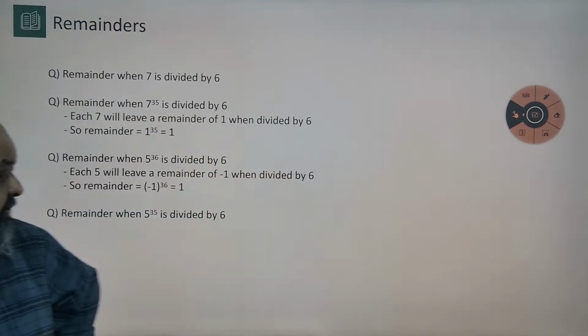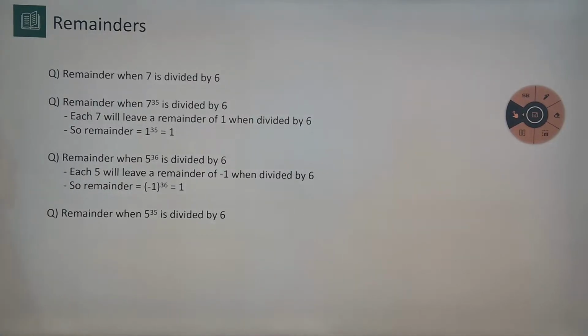So typically, if you get this question in the exam, the options that you will have are 1, 0, 5, none of these. Typically in the exam, options are not negative. Again, like the previous case, we will get -1 as the remainder. 5 is written as 6 minus 1. 6 minus 1 raised to the 35 divided by 6.